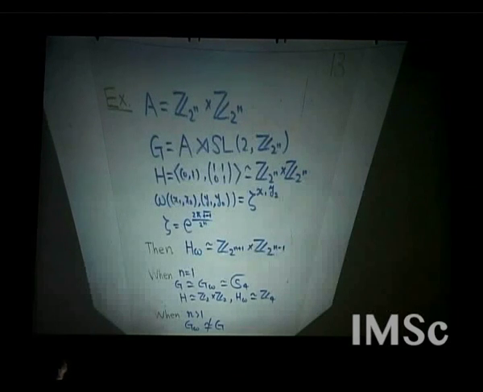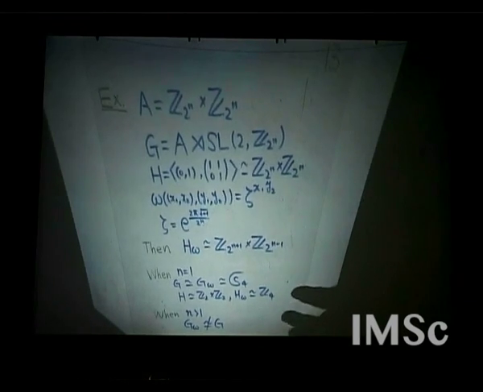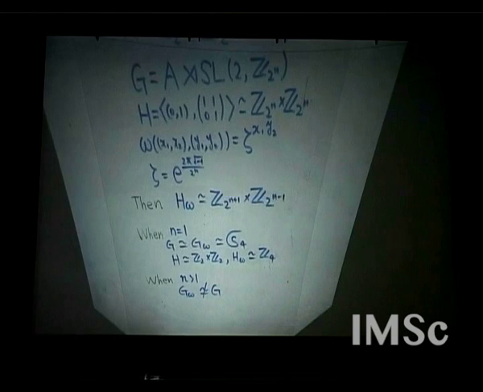Since this is an abelian group, by fixing a root of unity, you can identify A and A hat. And consider this cocycle. Then this cocycle satisfies the previous condition, and you can compute the deformation of H by this cocycle. Then it turns out that it's not isomorphic to the original one. So you have an extra one here, and this is minus one.